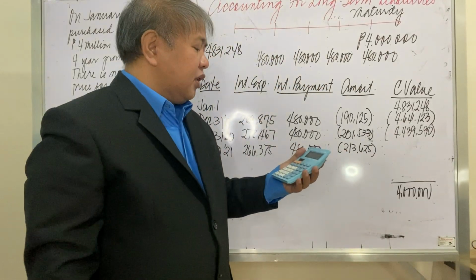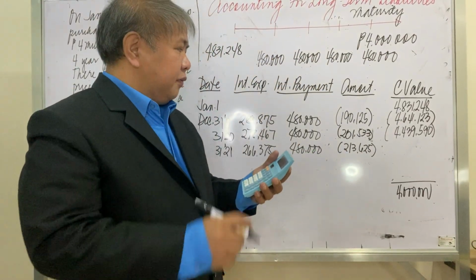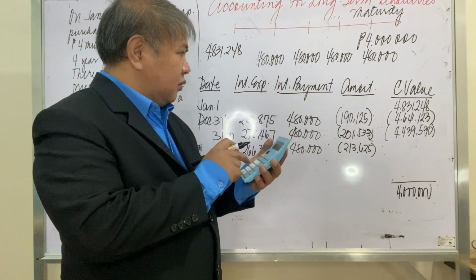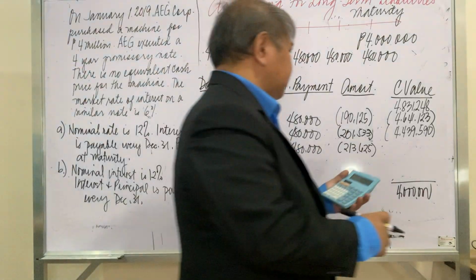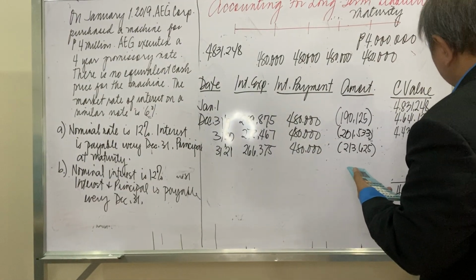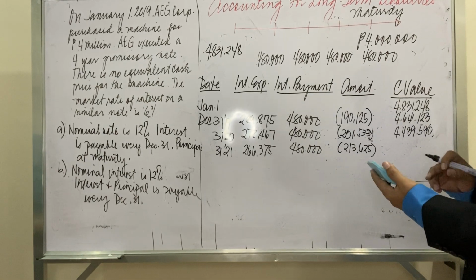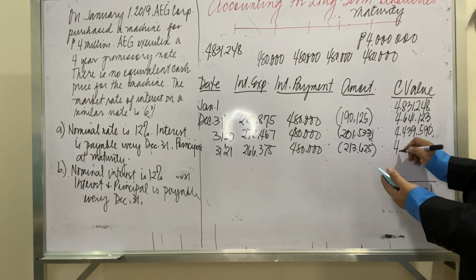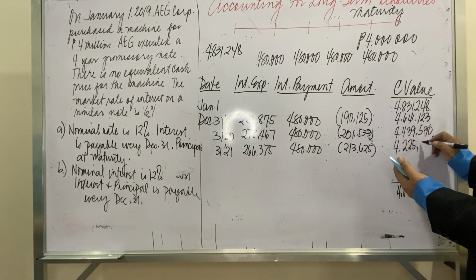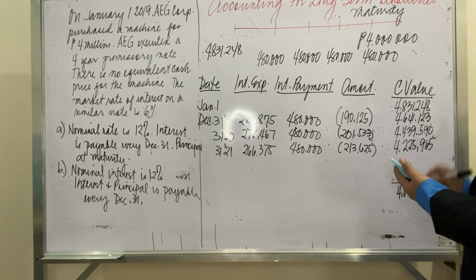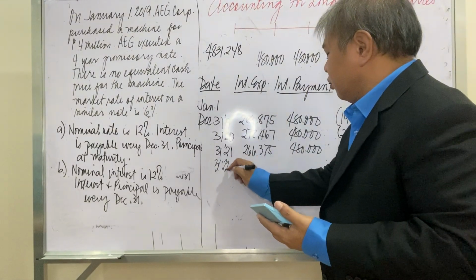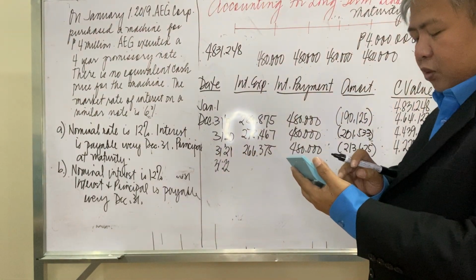Deduct from 4,439,590. Oh, sorry, let us remove the negative parenthesis here. Sorry for that. Therefore, this is 4,225,965.